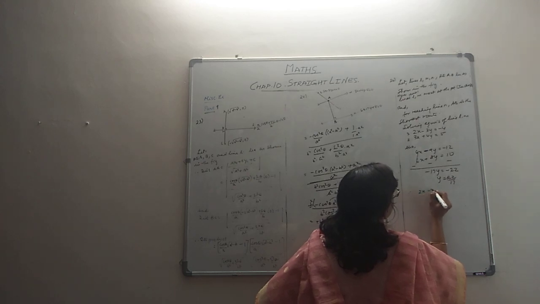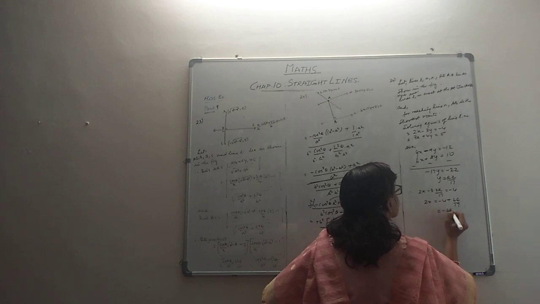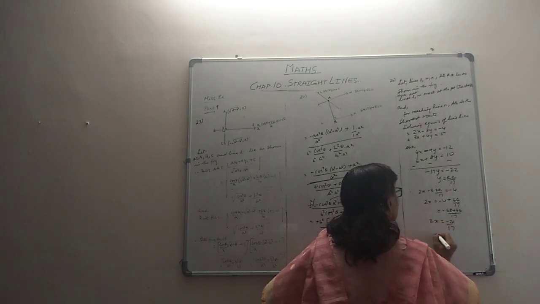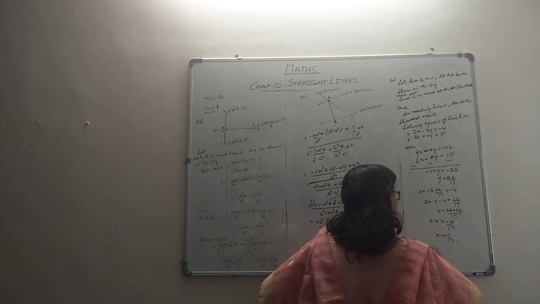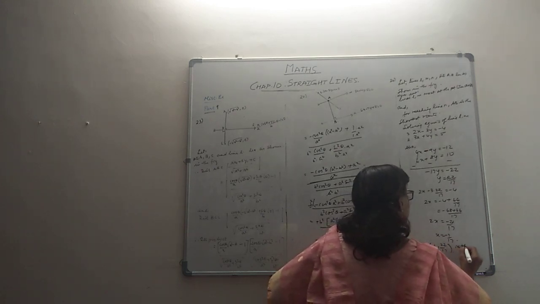2x equals, seven fours are 28, 20 minus 68. Therefore, point A is the junction.